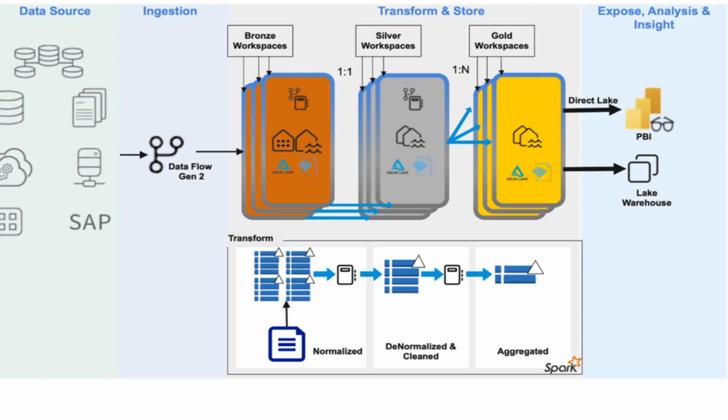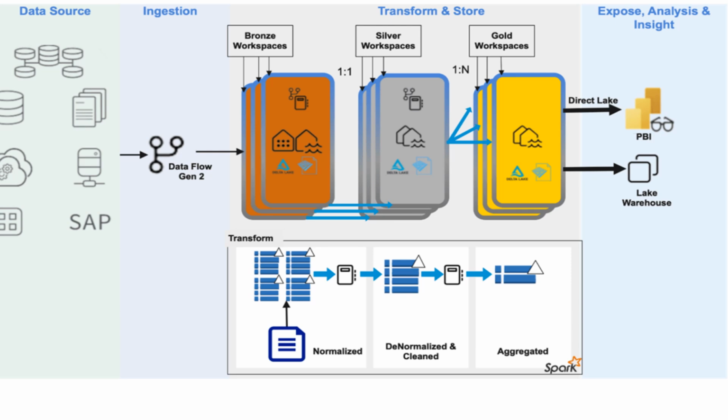So let's come next to how to build good architectures. Medallion architecture is the best practice for building good architectures. In medallion architecture, we have three layers: one is the bronze layer, one is the silver layer, and the third is the gold layer. Whenever we have to ingest the raw data, we put that data in the bronze layer.